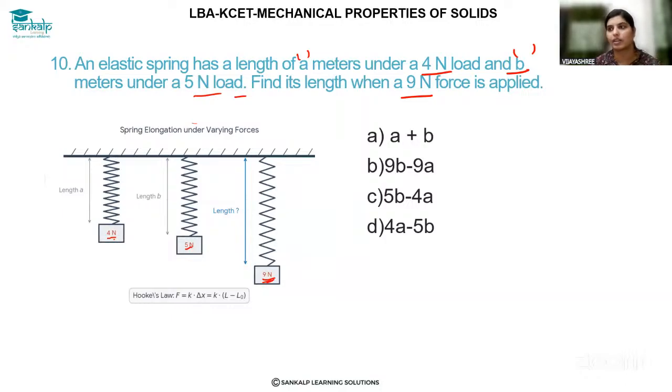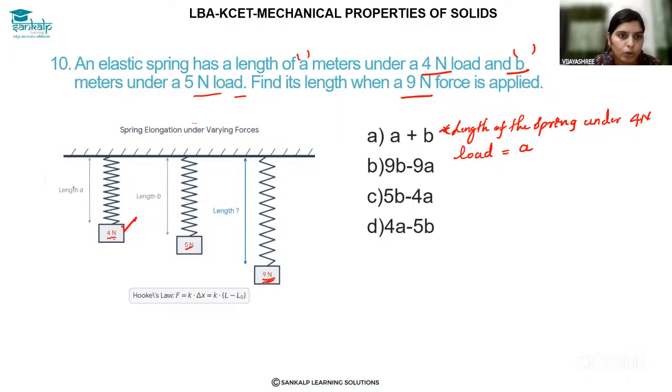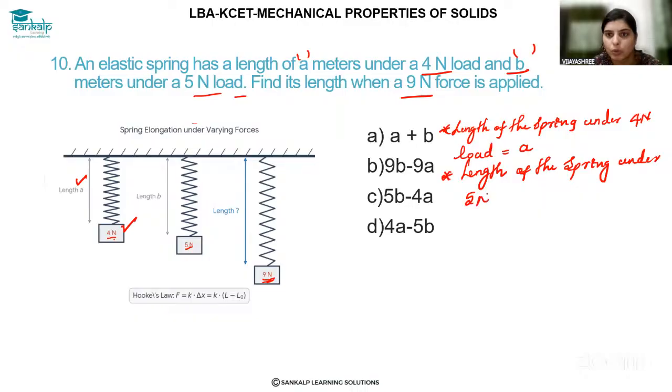So let us write what is given. Length of the spring under 4 Newton load is A. Similarly, length of the spring under 5 Newton load is equal to B. Length of the spring under 9 Newton load is equal to question mark.